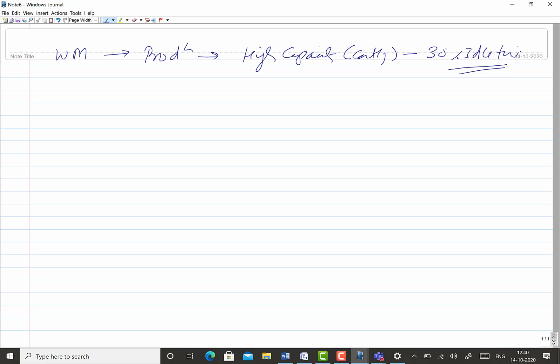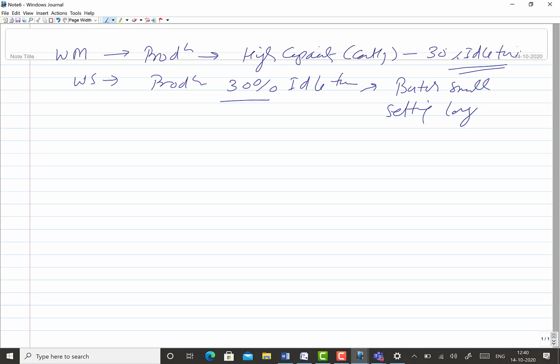So obviously the work study department reported this, and based on this, when the production department was approached for the reasons behind this 30% idle time, they said that the machine is big, batch size is small, and setting time is longer.